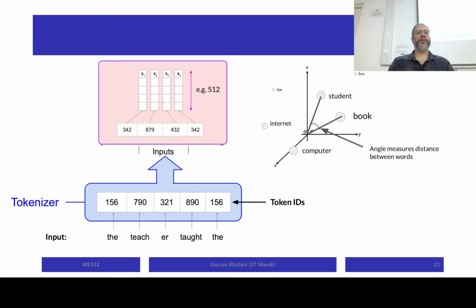A word which is here and a word which is here are closely related in the context of the input. If the angle between the words is small, and this concept is general in an n-dimensional space, then the words are close to each other in terms of context.